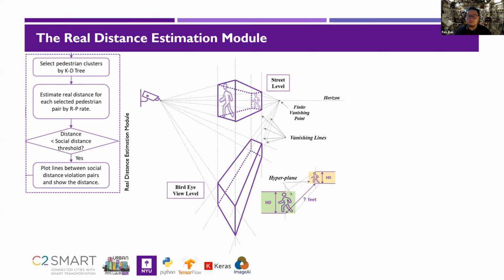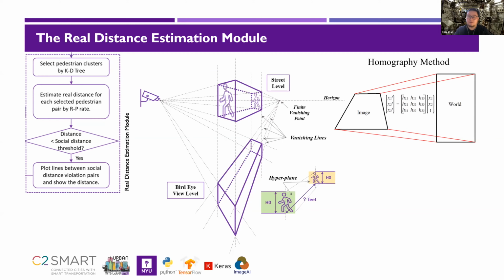The difficulties usually arise from the perspective effect and the lack of a reference. So a common method is computing homography, which is a matrix that represents the transform between two planes that morphs the video frames from perspective view into top-down view.